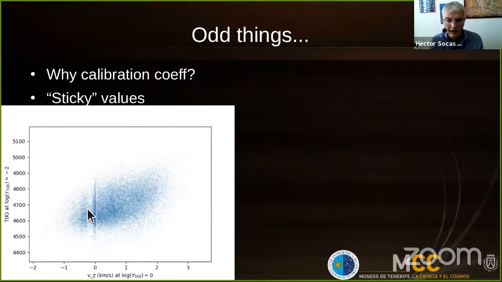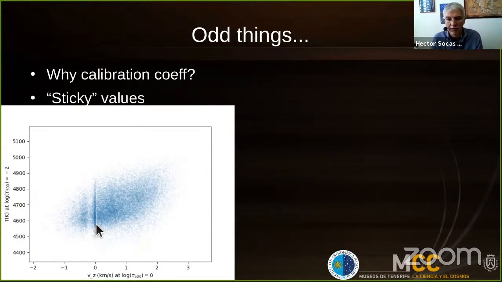It gives you some anti-correlation between these two quantities, and you would expect a cloud of points spread more or less like this. But then you have this line here where there's a higher concentration of points. Somehow all the points in this region have concentrated here, as if zero velocity acts like a magnet for surrounding points, and we don't understand that very well.